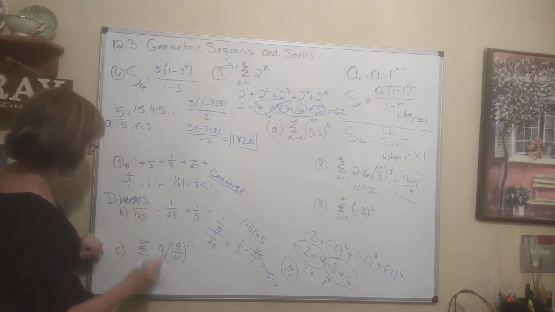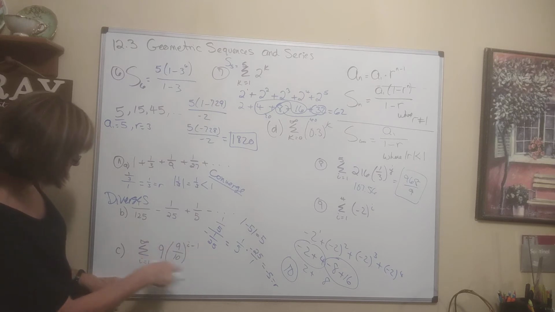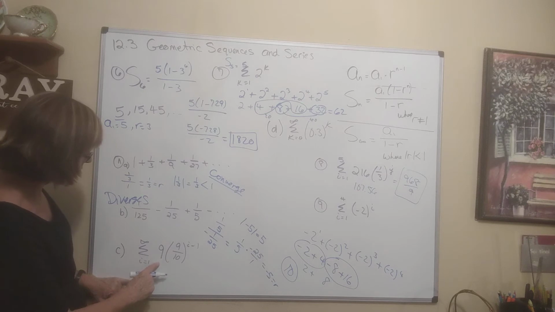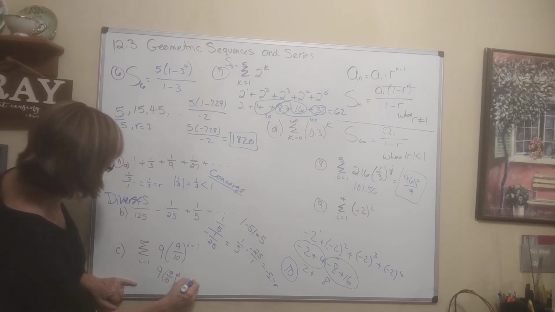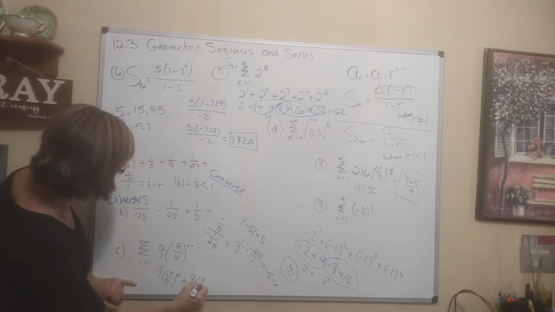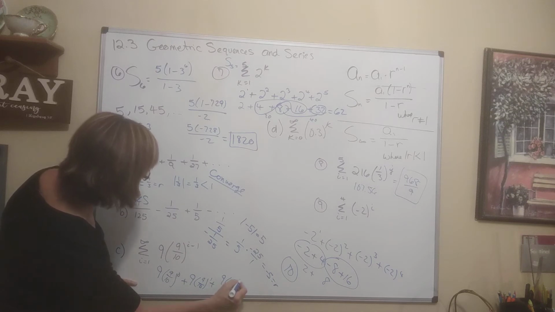diverges. Okay, let's see. What is going on here? This looks a little complicated. But if you lay it out, you have 9 times 9/10 to the 0 power is what this starts with, plus 9 times 9/10 to the first power, plus 9 times 9/10 to the second power.